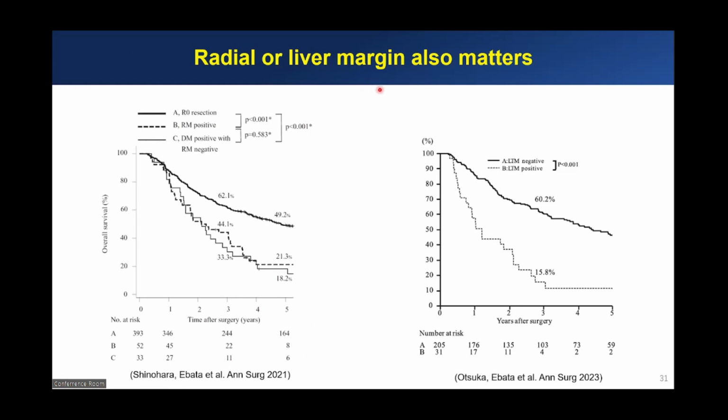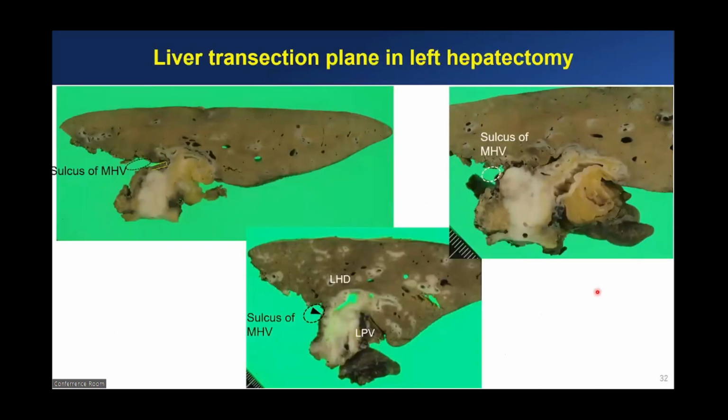Radial or liver margin also matters. It shows R0 resection versus R1 resection. Radial margin positive and distal margin positive are completely similar. This is liver transection plane negative and liver transection plane positive. So we have to kill the duct margin and also the radial liver transection plane.